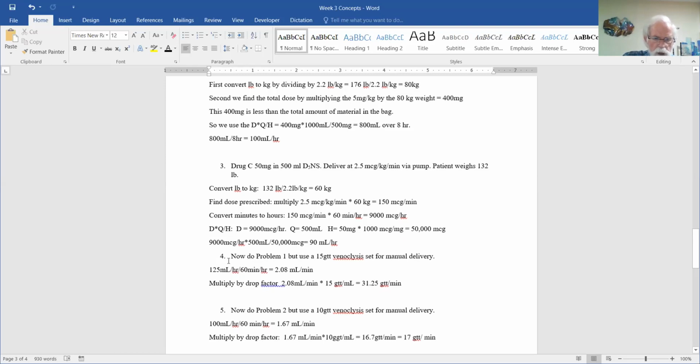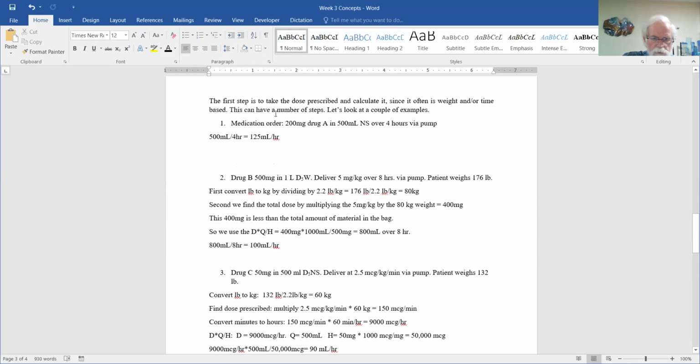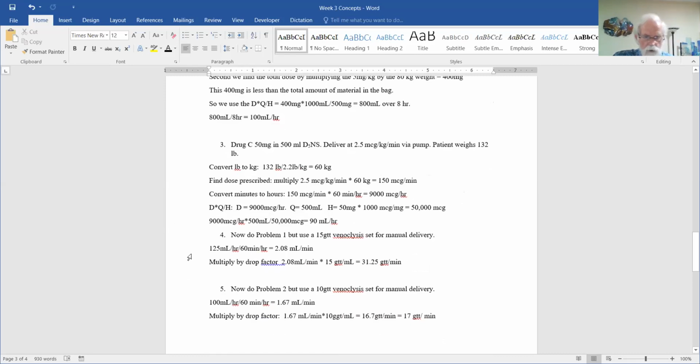So in this particular case, in the first problem, which was giving 125 milliliters per hour, we can convert that to milliliters per minute by simply dividing the 125 milliliters per hour by 60 minutes per hour. We end up with 2.08 milliliters per minute. Again, do not round that off.